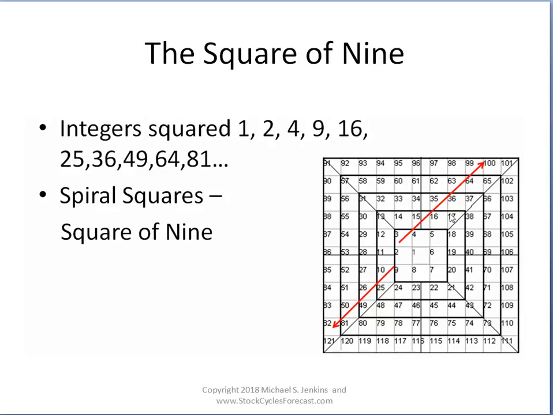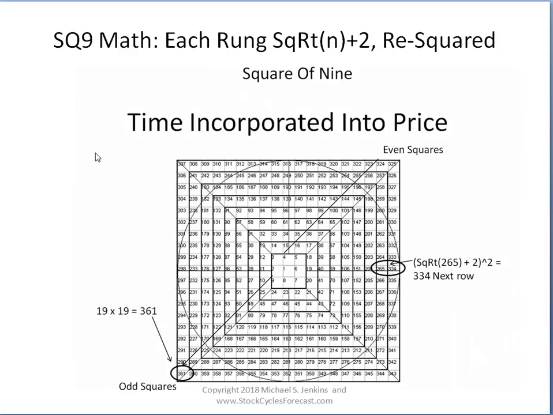So this is 10, that goes around to 25, and then starts a new number at 26, goes around to the next odd square, 49, and starts at 50, and this goes on for quite a ways to whatever size we want to make it. The more traditional square of 9 looks like this.